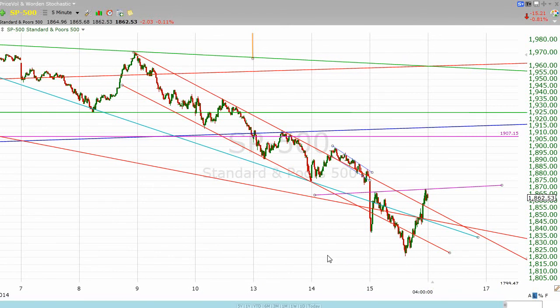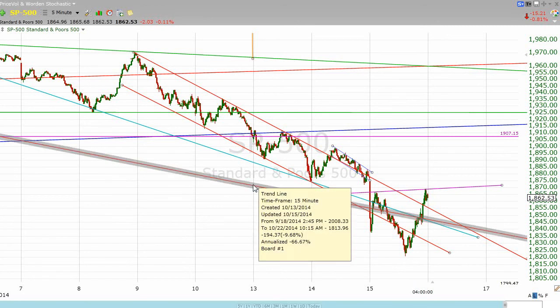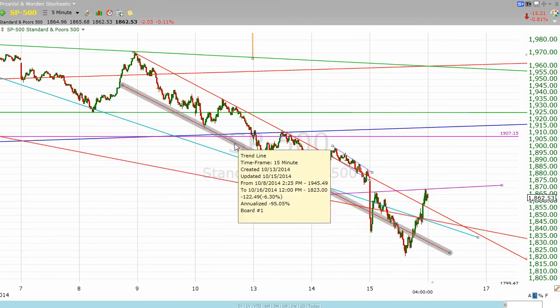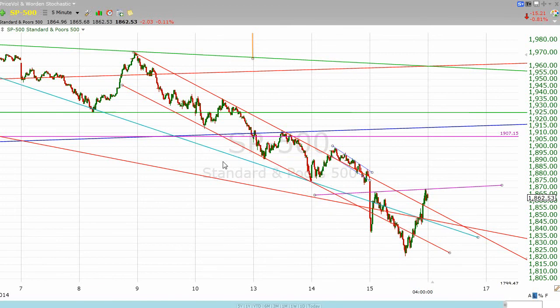Not enough information quite yet to call it one, but so far that is the general sense that I feel about this chart, based upon the fact that we traded underneath twice during the day. We traded underneath every single descending support line that we have on this chart.